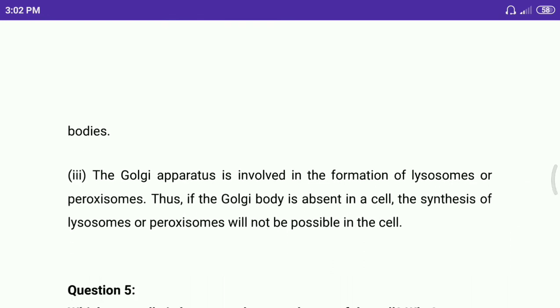Third, the Golgi apparatus is involved in the formation of lysosomes or peroxisomes. Thus, if the Golgi body is absent in a cell, the synthesis of lysosomes or peroxisomes will not be possible in the cell.